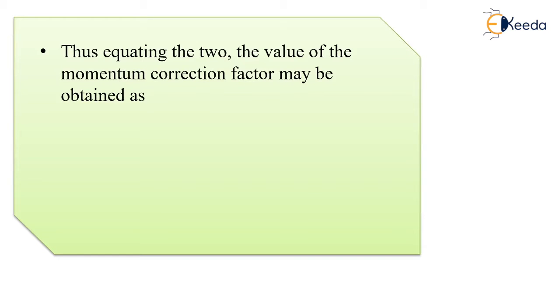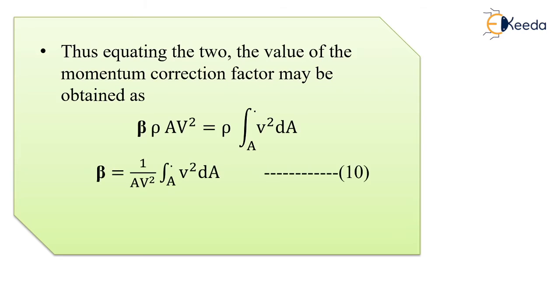Thus, equating the two, the momentum correction factor beta into rho A v square is equal to rho times the integration with respect to area A of v square into dA. From this equation, we get beta, the momentum correction factor, which is equal to 1 upon A v square, integration of v square into dA. This is our equation number 10.